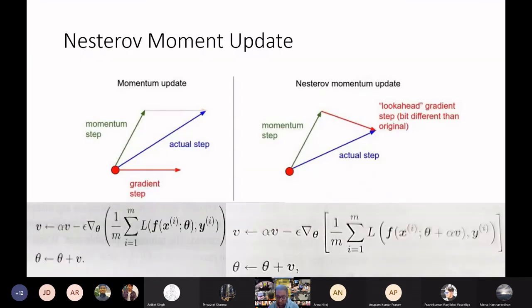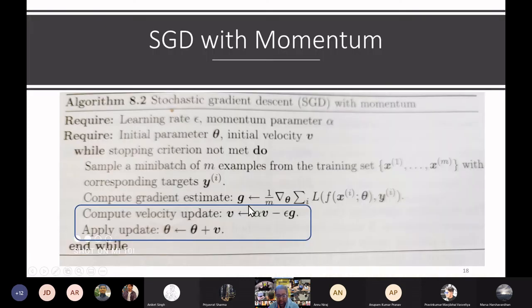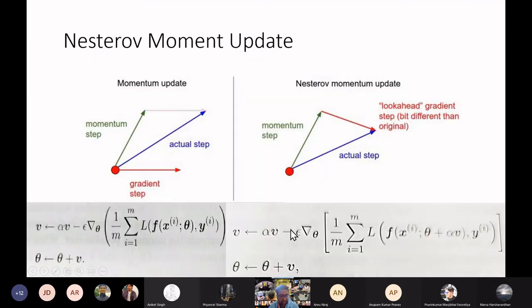When we update this velocity, there is another modification, the Nesterov momentum update. In this case, we are first estimating the gradient, and then we are updating the velocity.